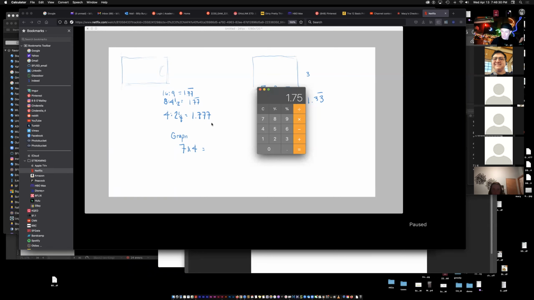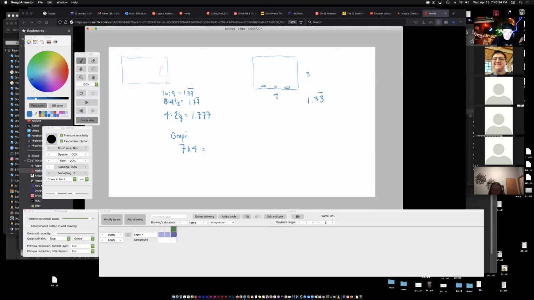That's really close. That's good. In graph paper, each one of these squares equals 1/4 of an inch. So this 7:4 in graph paper is actually a very small thumbnail. This is good for thumbnails.